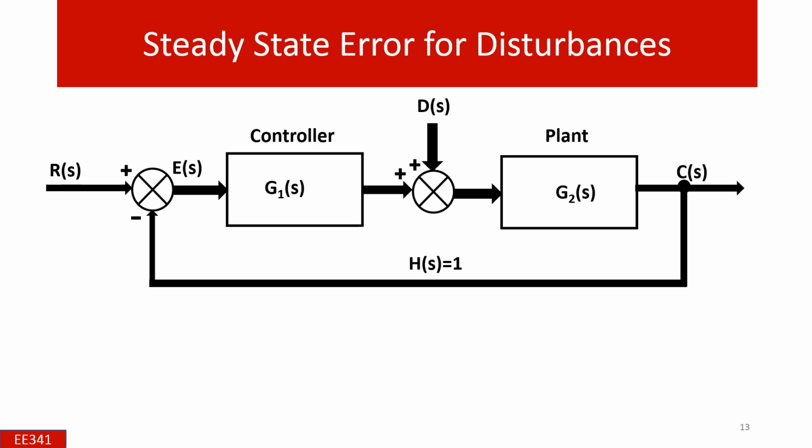G1(s) is the transfer function of the controller, and G2(s) is the plant transfer function. We again have a unity feedback system, H(s) equal to 1, and there is some disturbance between the controller and plant, and C(s) is the output value. Usually feedback systems are used to compensate for disturbances, the unwanted inputs in the system. But how will it affect the steady state error? Let's see.